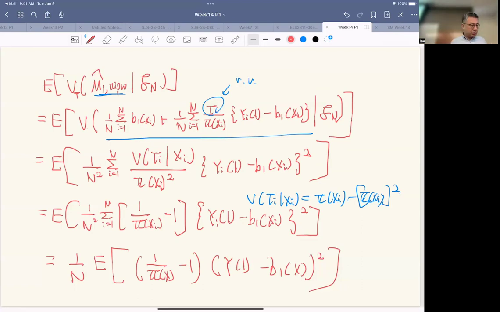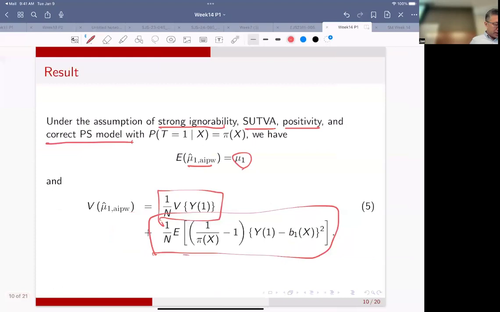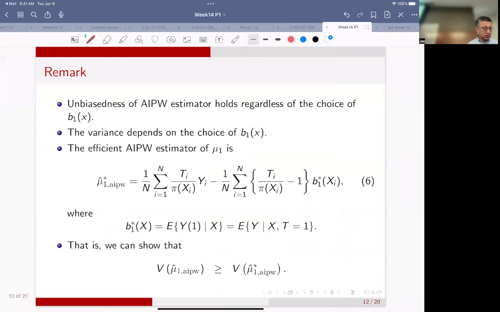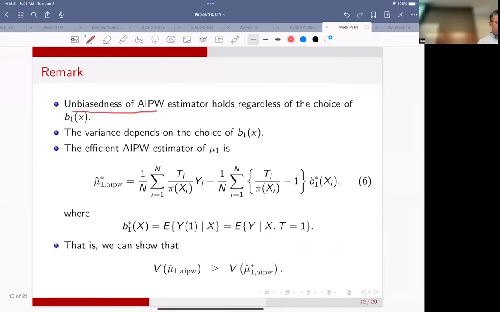Okay, so that basically proves this result, right? We just proved this result. And then what we want is to find the optimal one, in the sense of minimizing the variance. Unbiasedness of the AIPW estimator holds regardless of the choice of B1, right?